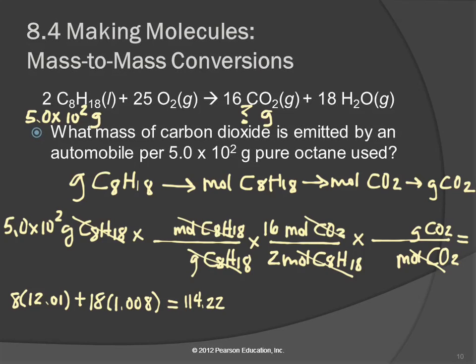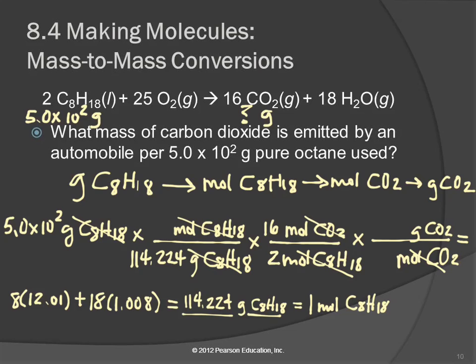That means that 114, let's see, I'll just keep that 4 in there too, 114.224 grams of C8H18 is equal to 1 mole of C8H18. So this number goes with grams. So we'll put it right in here.